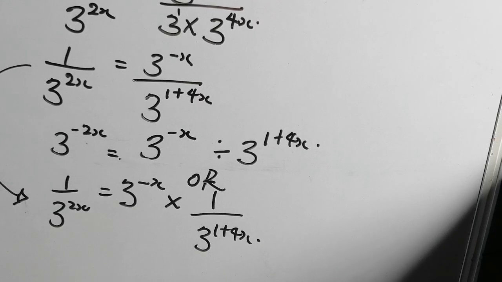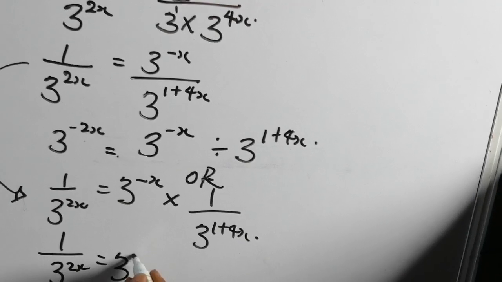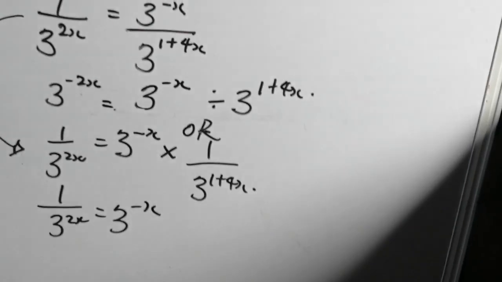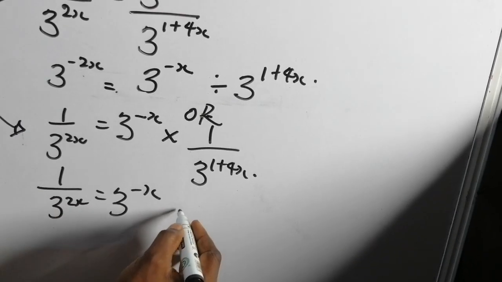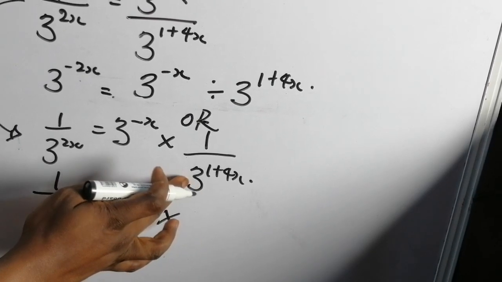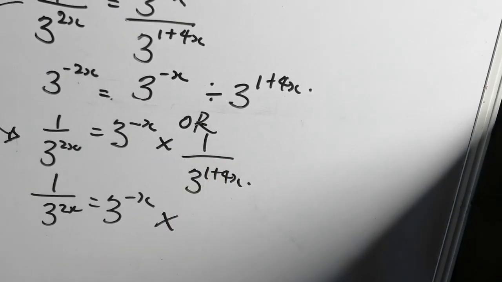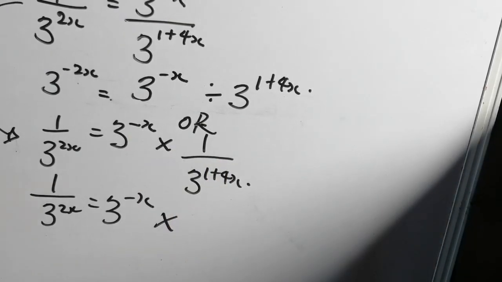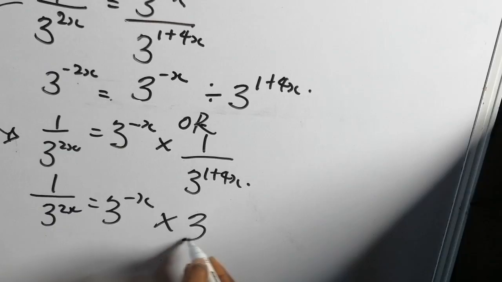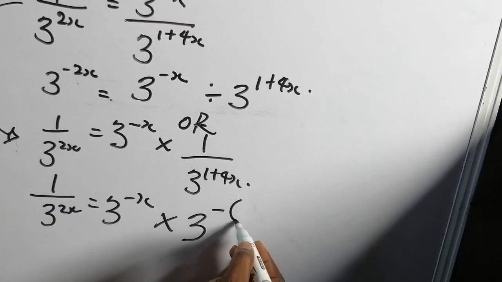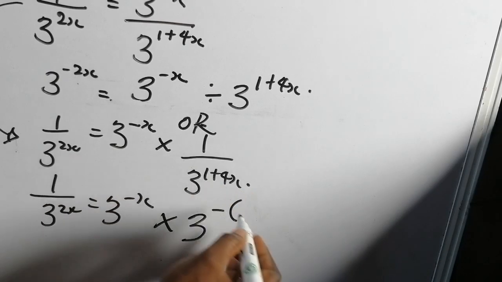So at the end of the day, you now have 1 over 3 raised to power 2x, minus x. Don't forget that if I want to remove this 1 all over, I just need to introduce a negative sign, which is this minus, and open a bracket, because this is 1 plus 4x.